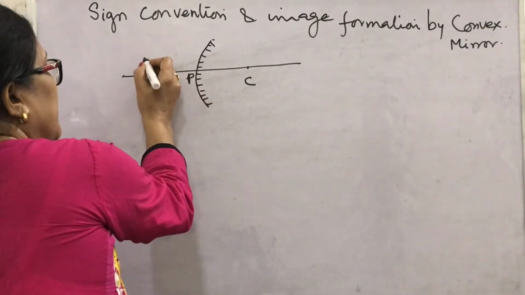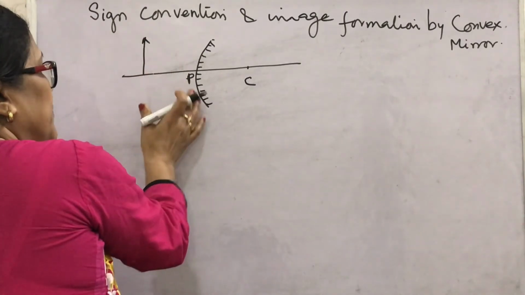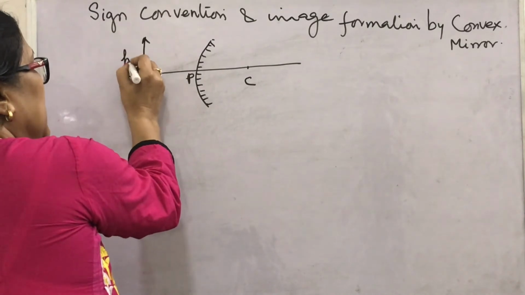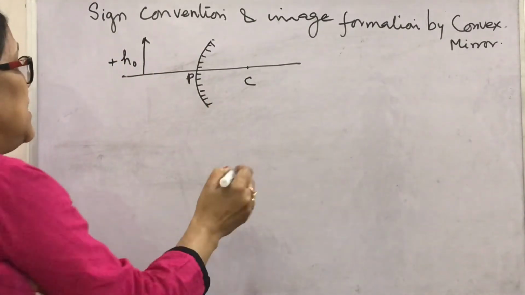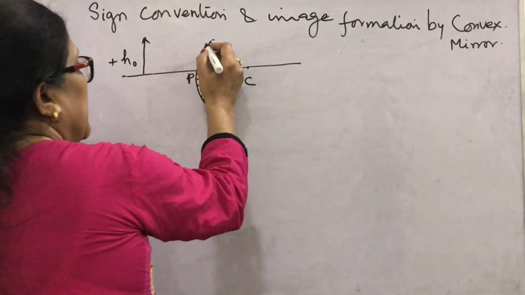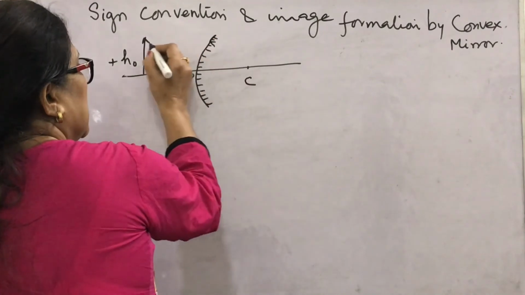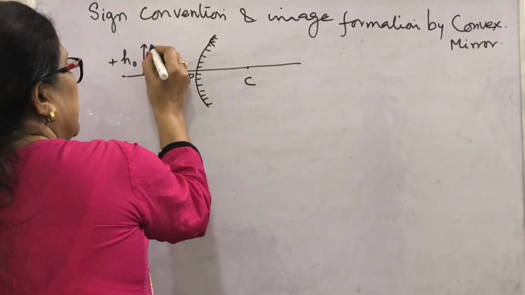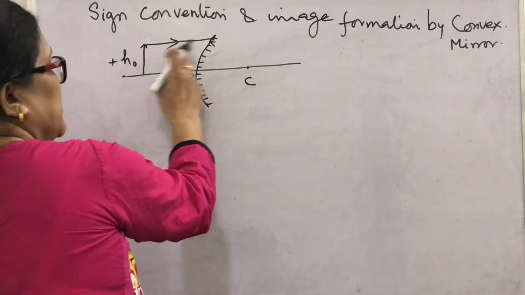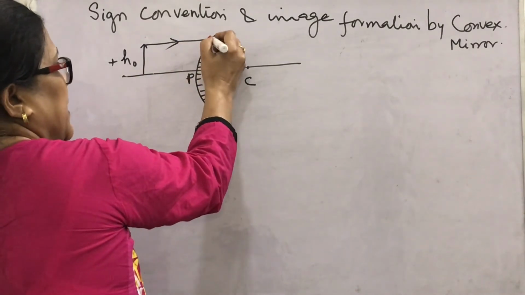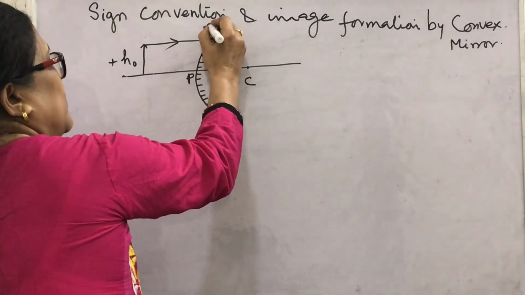Look here, if you put the object here, then the height of the object is above the principal axis, so this HO will be positive. This is the third rule we have discussed. And what about the image? So if this is the convex mirror, and from the object the incident ray travels like this, it falls at the mirror at point M. This is called the point of incidence.